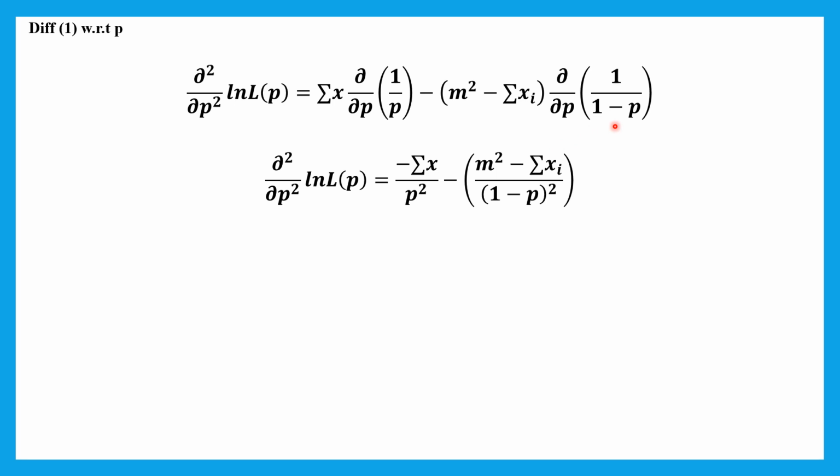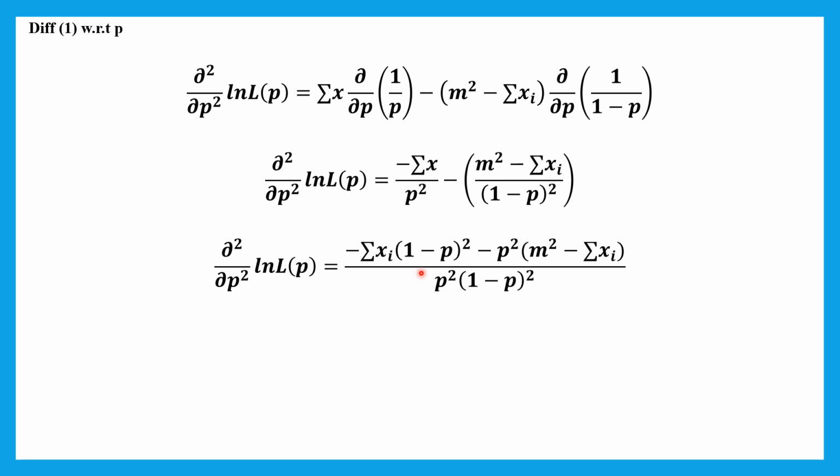The derivative of 1 over 1 minus p is minus 1 over 1 minus p whole square, and again we take the derivative of 1 minus p, which is minus 1, so this negative will be retained. We have minus m square minus summation xi over 1 minus p whole square as the second derivative.